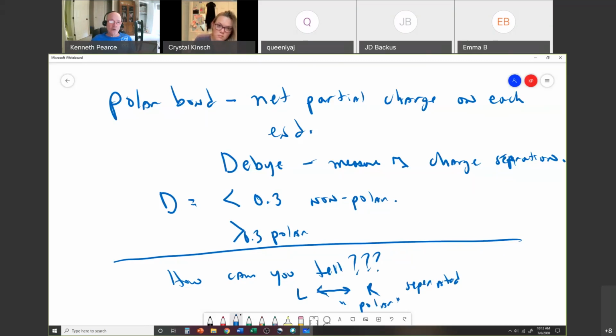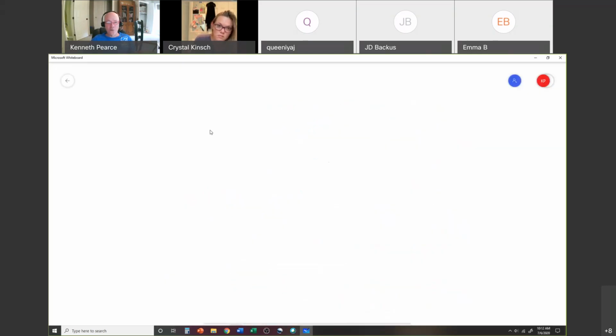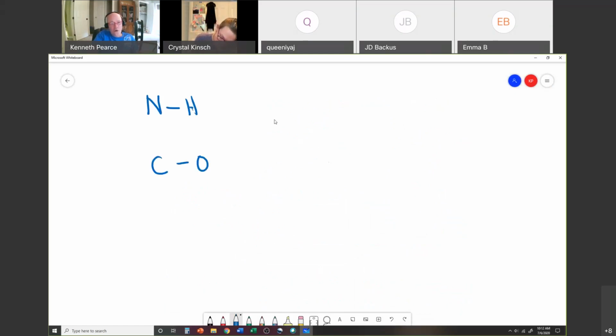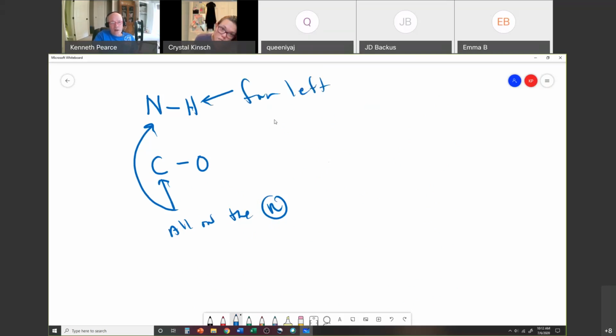All right. And so if we had a series of bonds and we were to look at, say, NH, or let's say CO, well, these carbons are all on the right, and the H right here is far left.